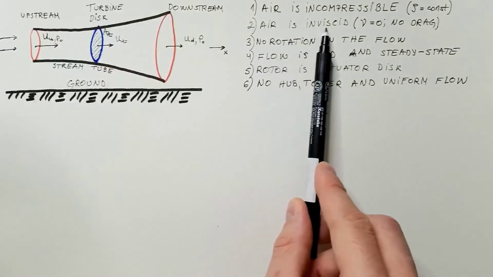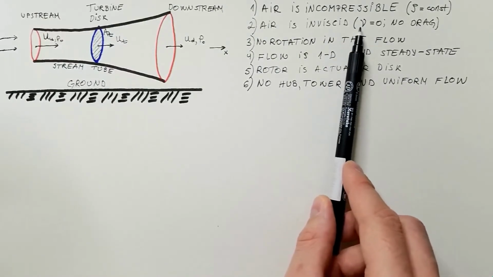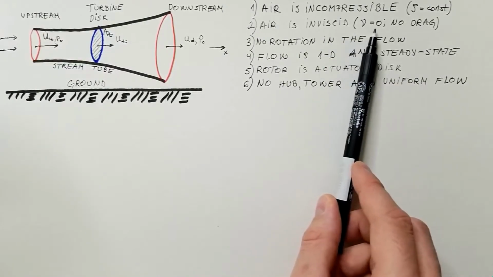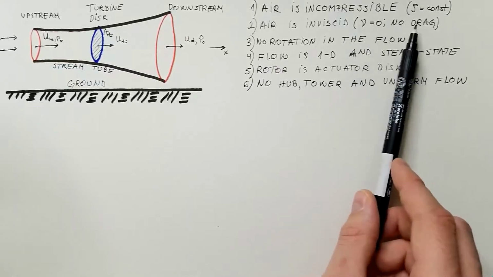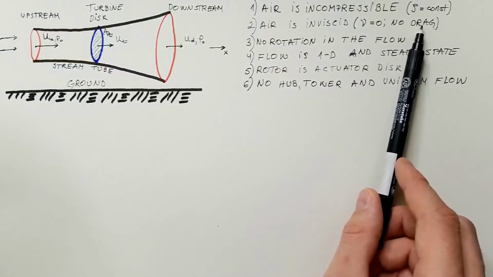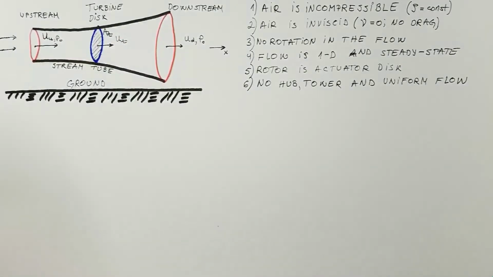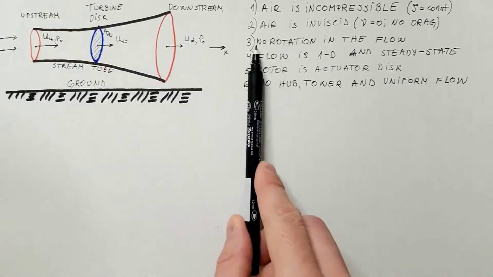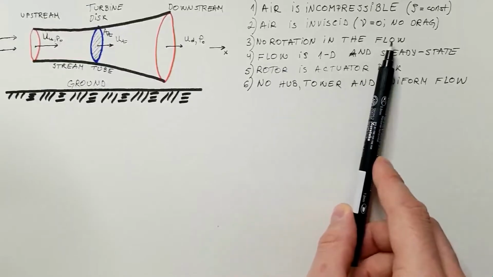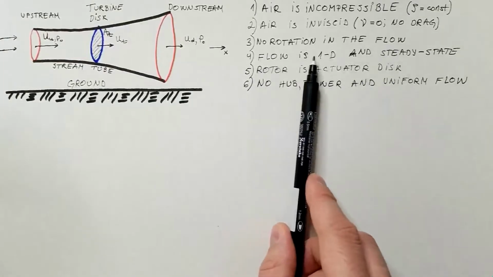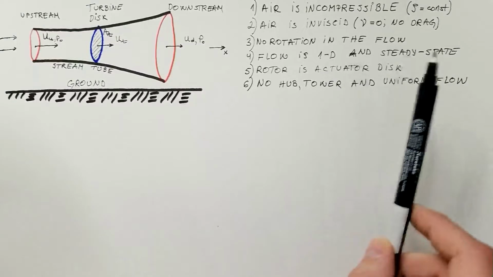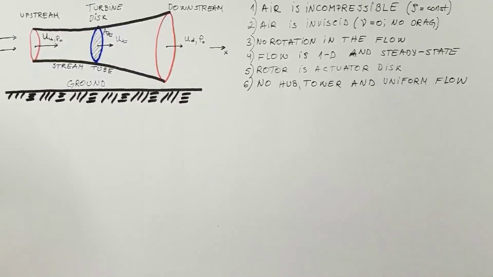Second, air is inviscid, which means coefficient of viscosity is 0, but more importantly, that means there is no drag that exists between wind and the wind turbine rotor. Third, there is no rotation in the flow. And fourth, flow is one-dimensional and steady state. Steady state means there are no changes of wind speed with time.